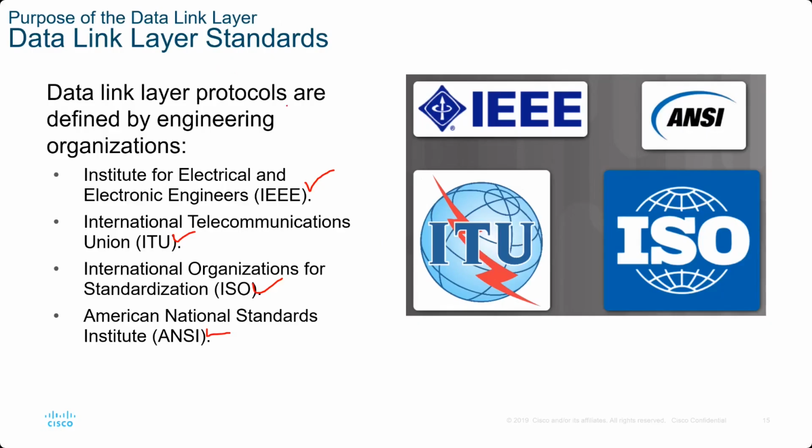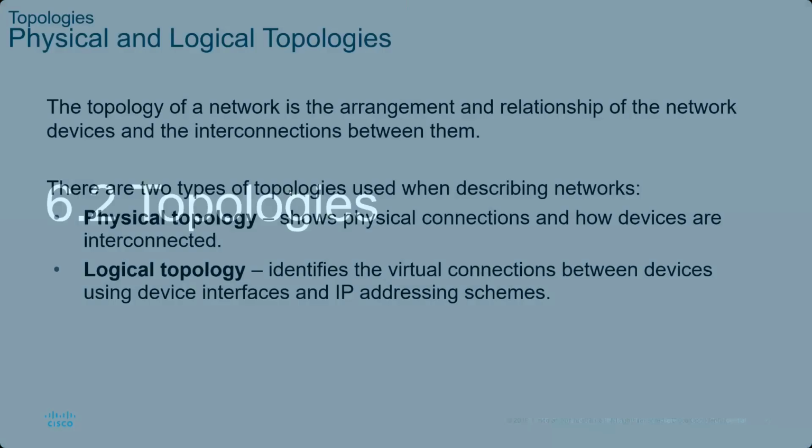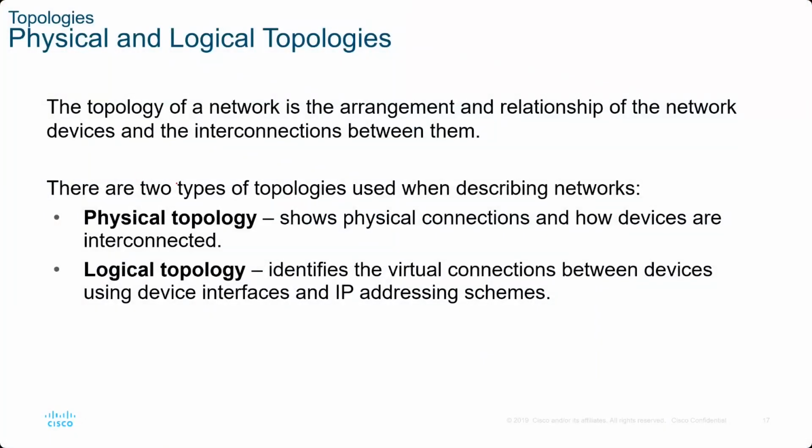Because the physical layer and the data link layer, specifically the sublayer which we call the MAC layer, are closely related. If you change something at the physical media standard, you have to change the protocol at the data link layer for that media as well. So that's why it has to be the responsibility of the same organization. If you change the physical standard, you have to change the data link layer standards as well to accommodate those changes.